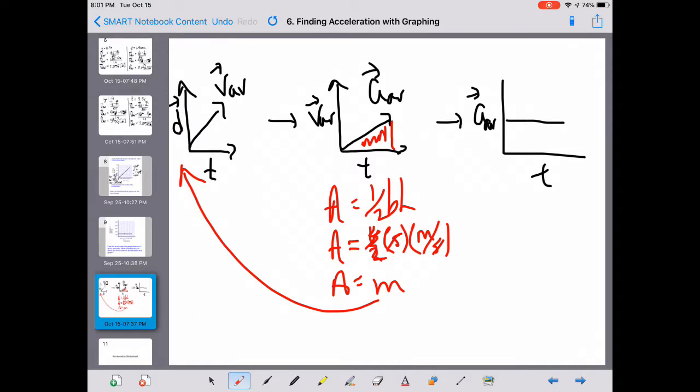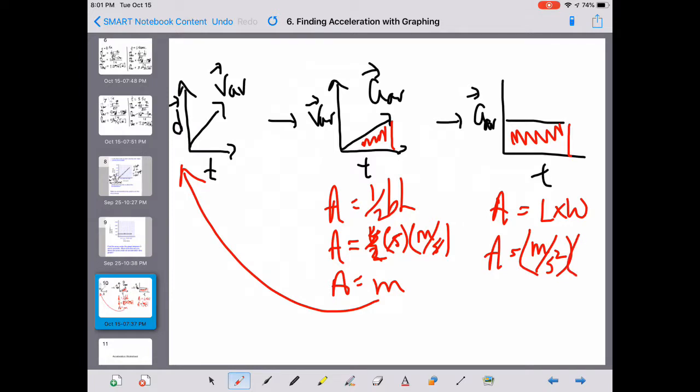So I can do the same thing for an acceleration time graph and take a look under here. What do you suppose the equation would be to look under that one? Well, it's a rectangle, so area just equals length times width. And then if I look at the units here, area is equal to meters per second squared and seconds.